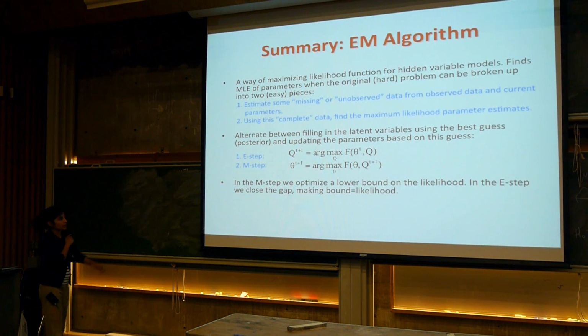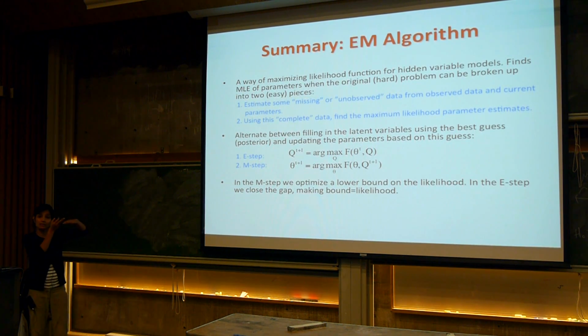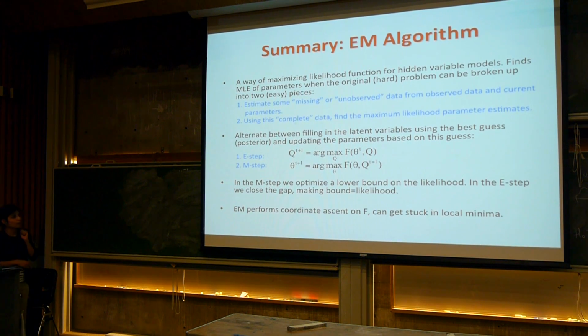In the M step, you're just maximizing the lower bound. In the E step, as we saw, we are actually making the bound equal to the likelihood. And because it performs coordinate ascent, if your underlying log likelihood function tends to be convex, you will achieve its maximizer, but in general, you only achieve a local optimum, so a local maximum.